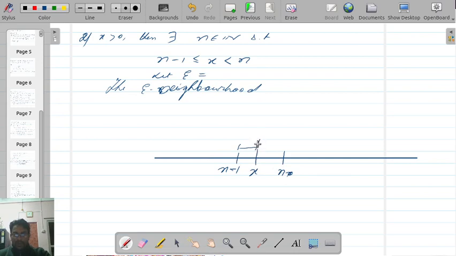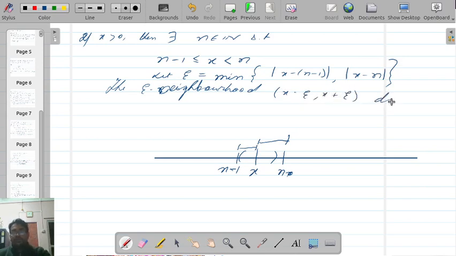We take the length of each part and consider the minimum one. Considering the minimum one, we will draw one open interval, so that will not contain any other points of the natural numbers. So let epsilon equal the minimum of mod of x minus n minus 1 comma mod of x minus n. Then the epsilon neighborhood x minus epsilon to x plus epsilon doesn't contain any natural numbers.